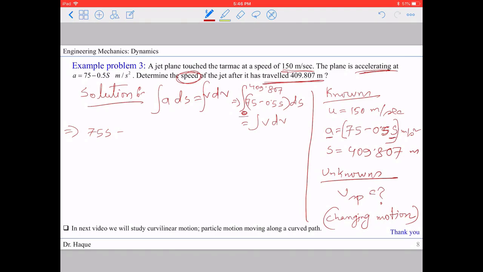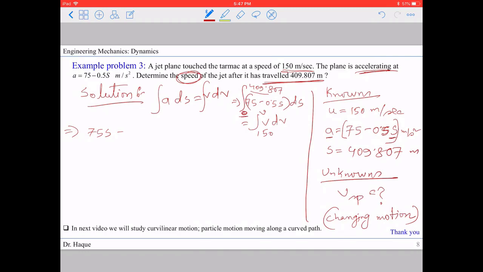So that's the origin, and it travels this distance. This is the final position, and the velocity at touchdown is the initial velocity, which is 150, and we want to know what the final velocity is. That we don't know.